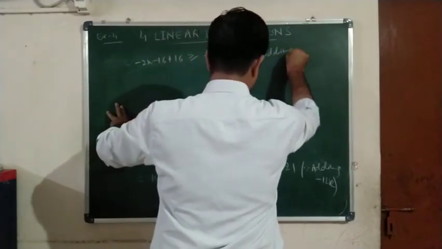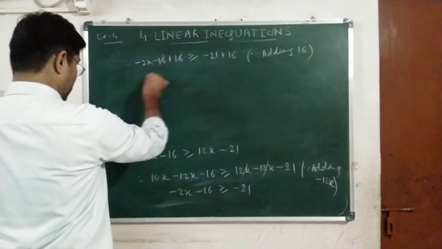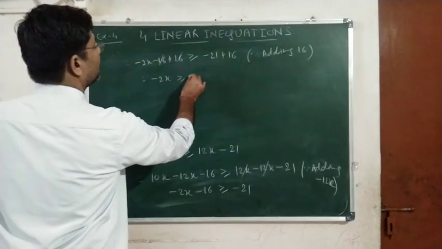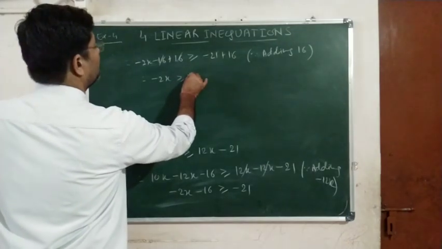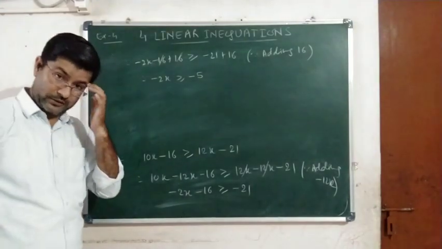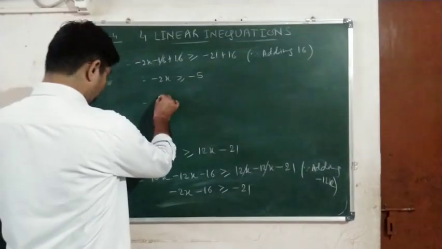Since we are adding 16 on both sides, 16 is eliminated from the left side. Minus 2x is greater than or equal to minus 5. Now finally we will divide by minus 2 in order to get x on the left side.